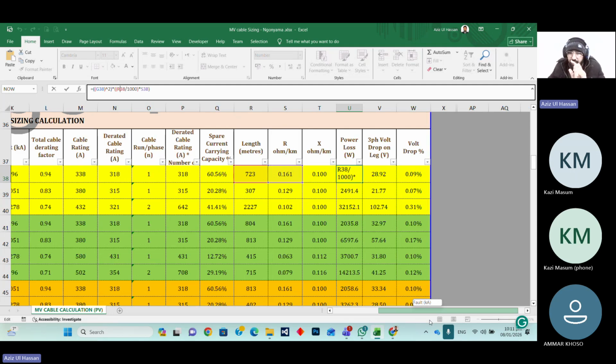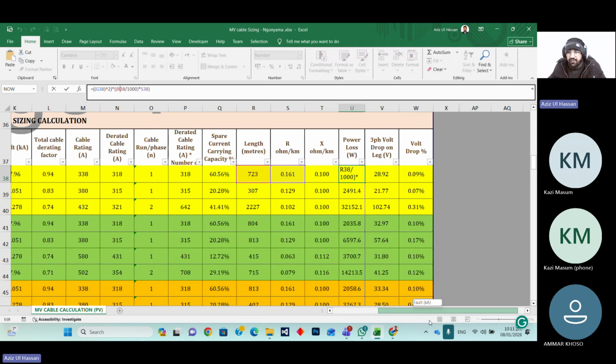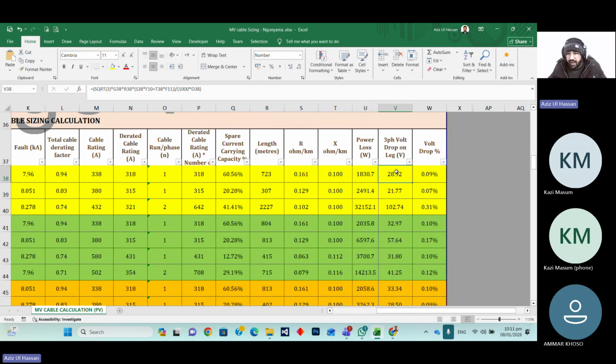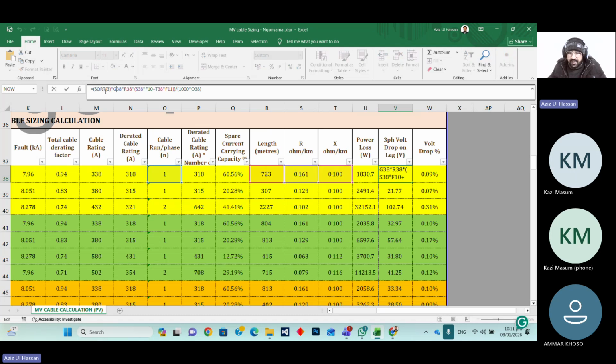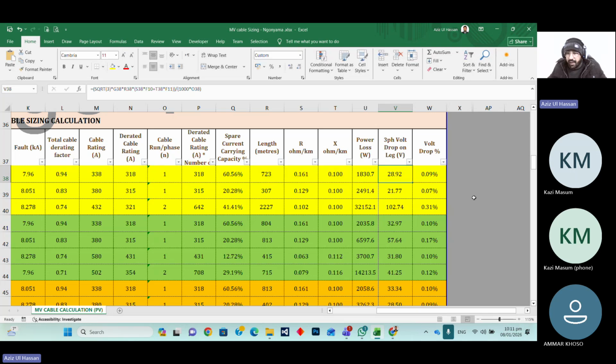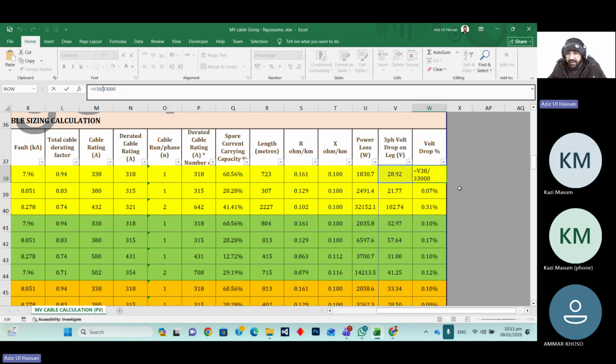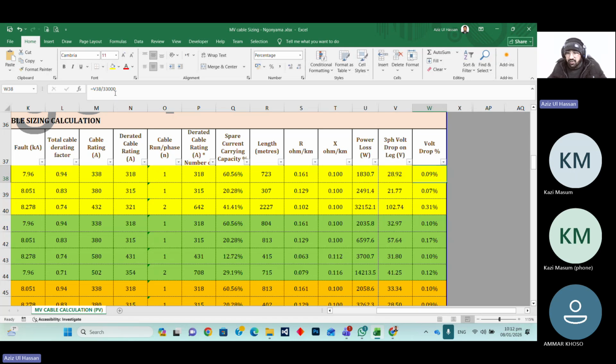I square R is the power loss formula. Then we get the voltage drop: square root of 3 times I times L, then R cos theta plus X sin theta, and then 1,000 divided by the number of runs per phase. Then the voltage drop percentage is the voltage drop divided by the system voltage 33,000. That is how we get the voltage drops.